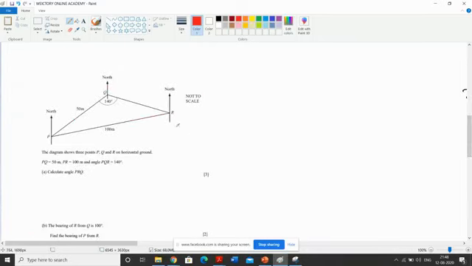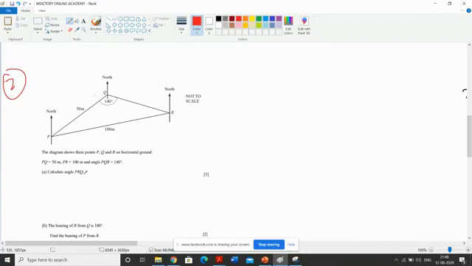The next question, question number 2. The diagram shows 3 points P, Q and R on the horizontal ground. PQ is 50, PR is 100, and angle PQR is 140, this angle is given.